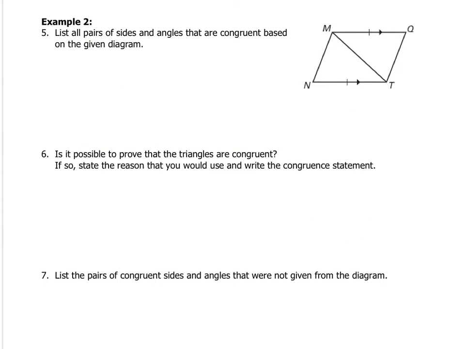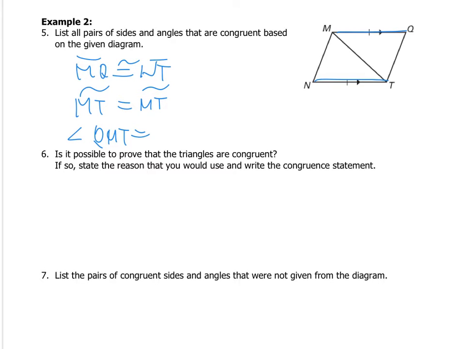Let's look at this example. It's asking us to list all pairs of sides and angles known or given already, and we know that MQ and NT, that's given, they're congruent. We also know MT is congruent to itself, and then because these two lines are parallel to each other right there, angle QMT is congruent to angle MTN.